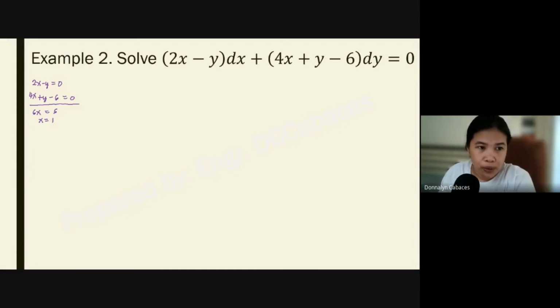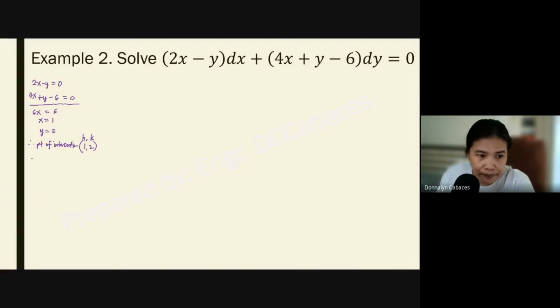From the first equation, y equals 2. Therefore, the point of intersection is (1, 2), and again, these are designated as h, k. So what is the next step?